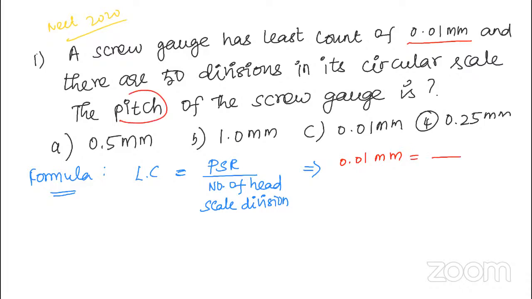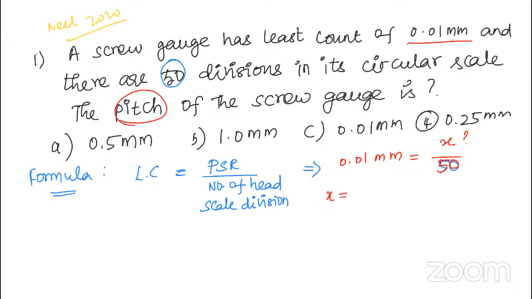They are asking for the value of pitch, so we put it as x. This is the unknown one. The number of head scale divisions is 50, so we put 50.